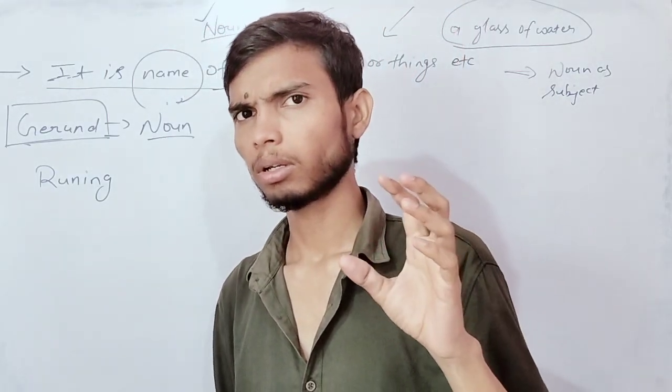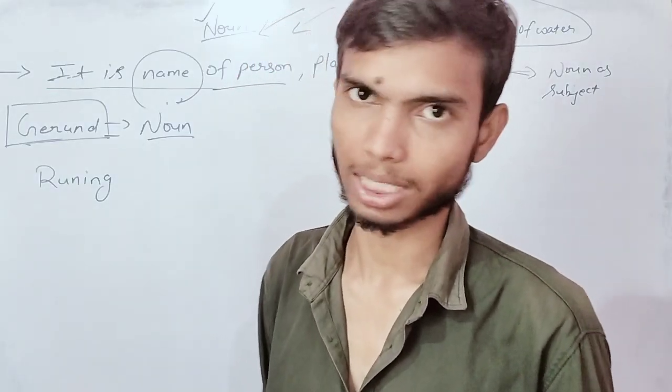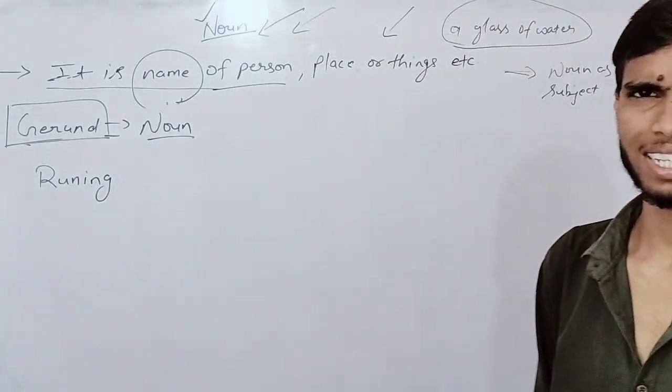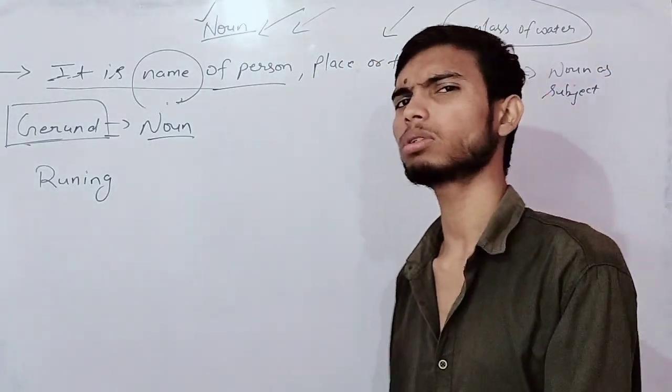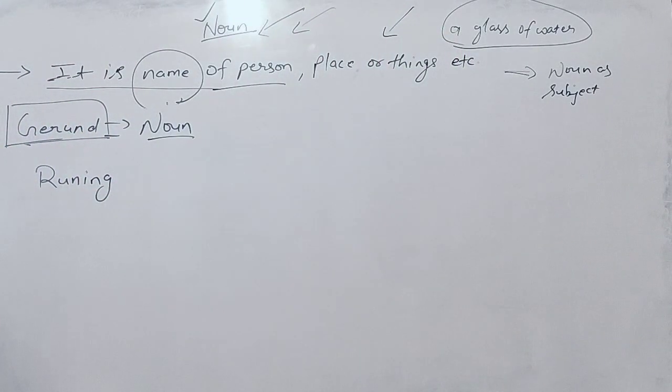Gerund will be a verb, but we will use that verb as a noun in a sentence. So if we are using a verb in a sentence as a noun, then the name of that noun would be gerund.